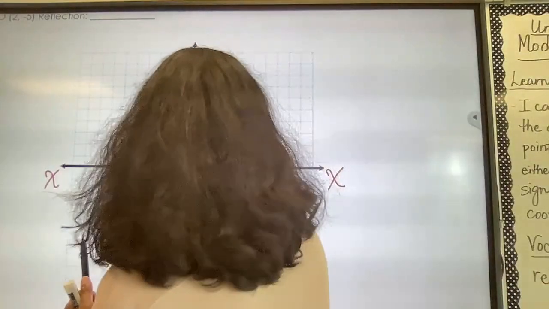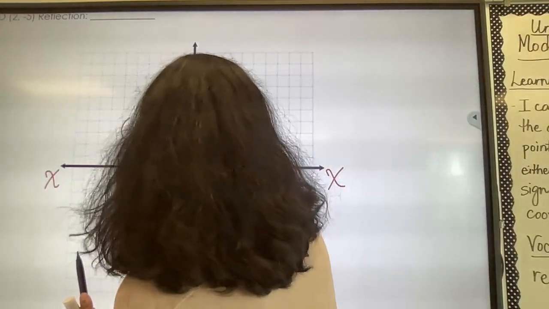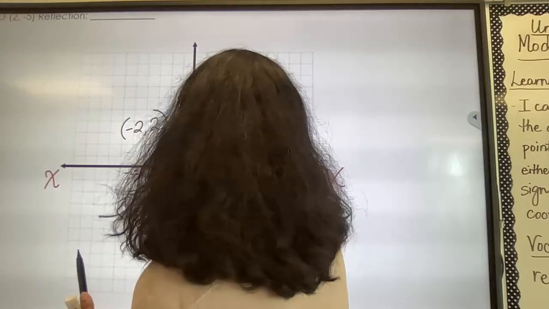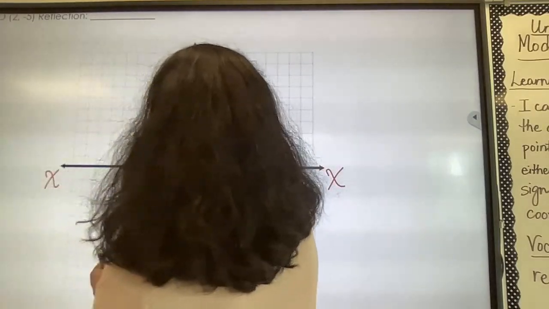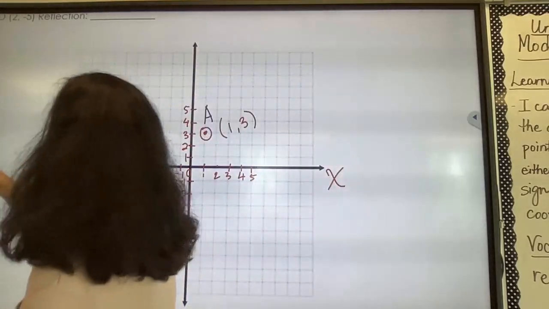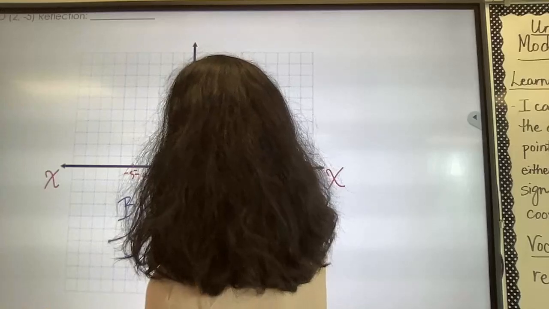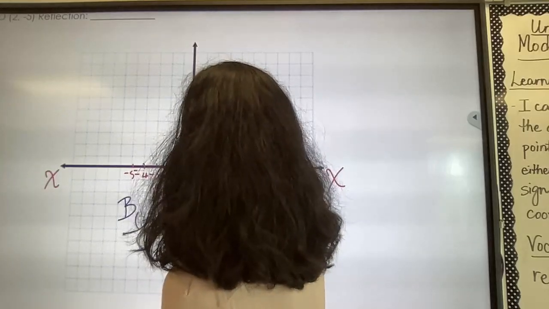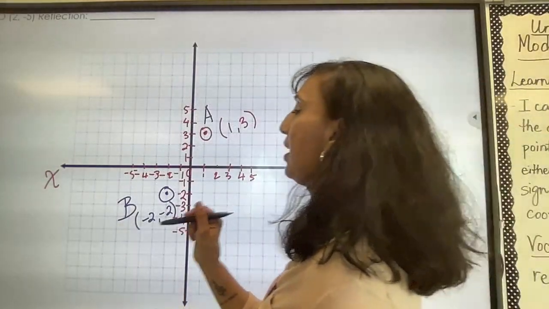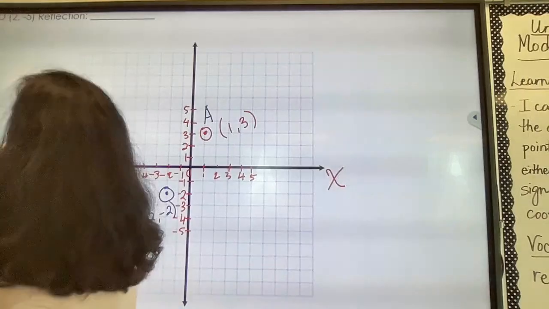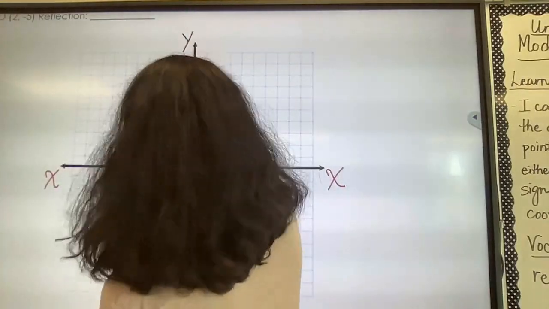So let me go ahead and just remove this one, because I am now going into the y-axis. All right, and I'm going to remove this one. All right, and here we go. This was -2, -3, -4. All right, so now what I'm going to do is, instead of the x, I'm going to reflect on the y-axis.